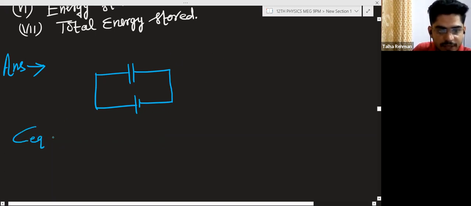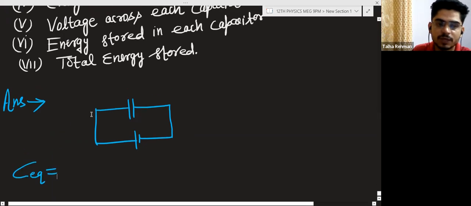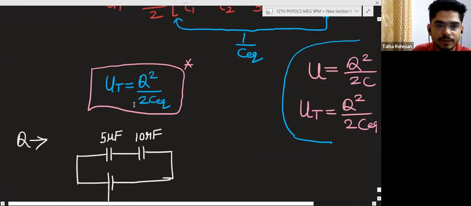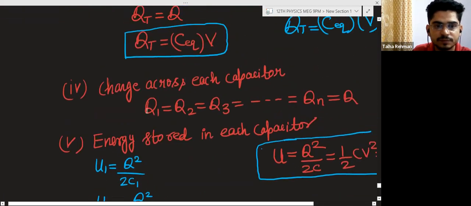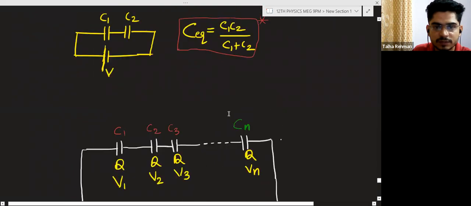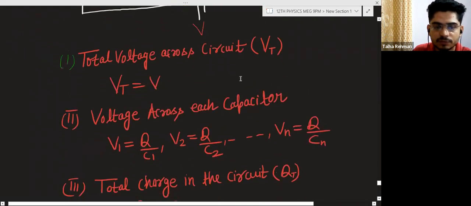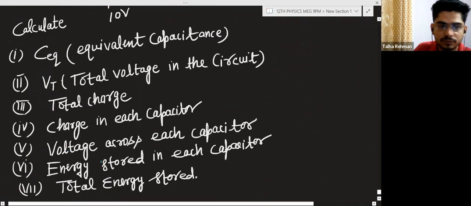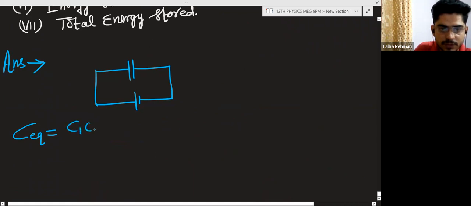C equivalent is equal to, I have written the formula for two capacitors here, C1 C2 divided by C1 plus C2.